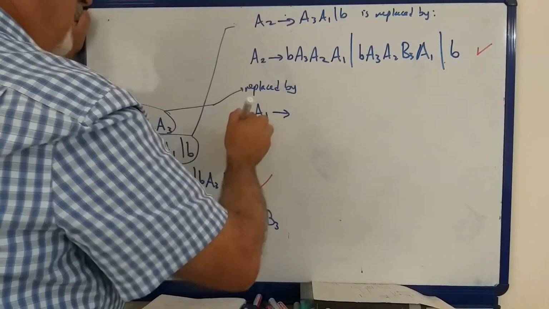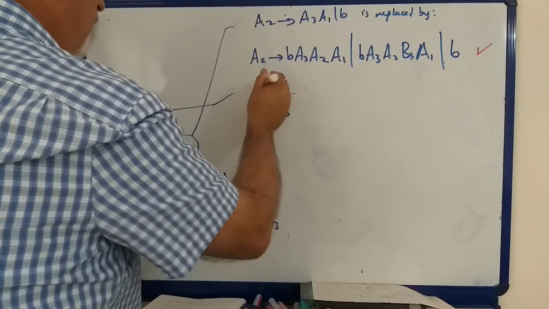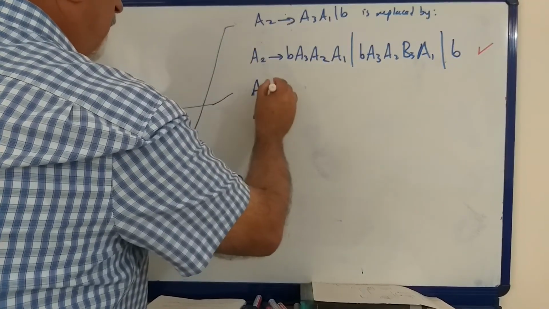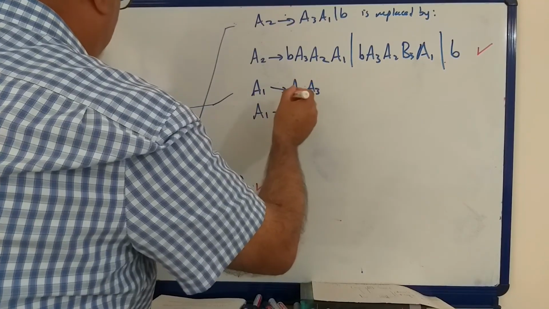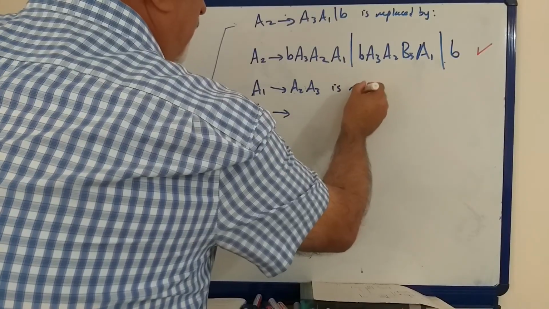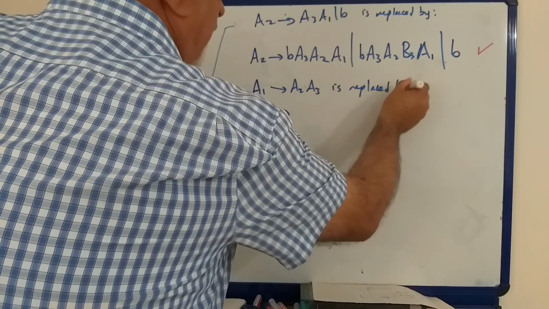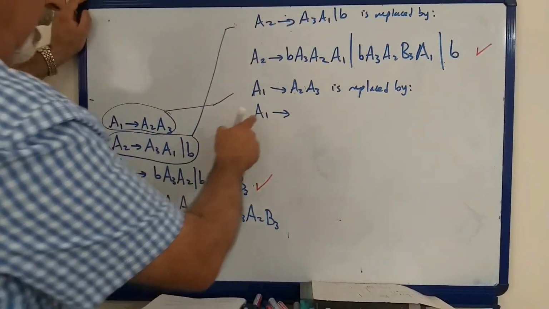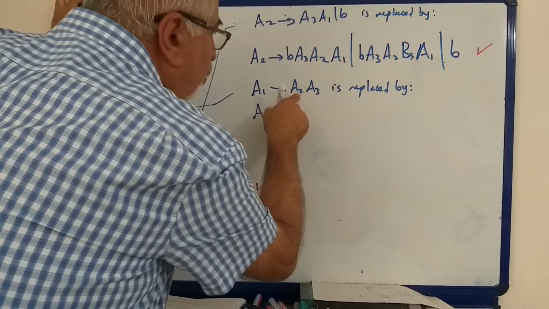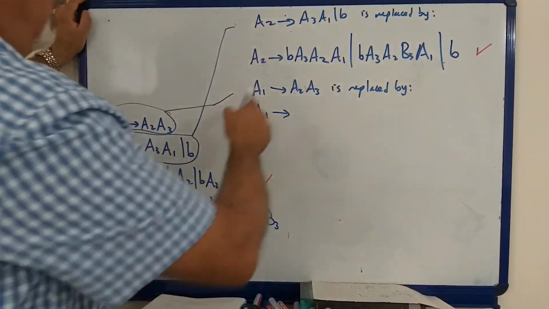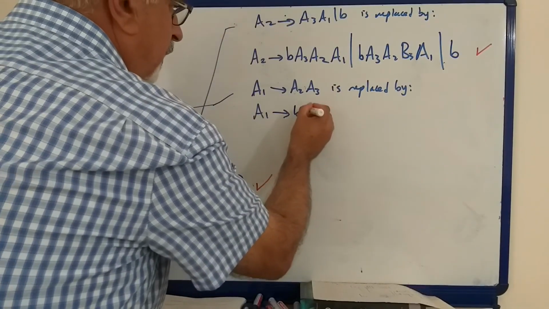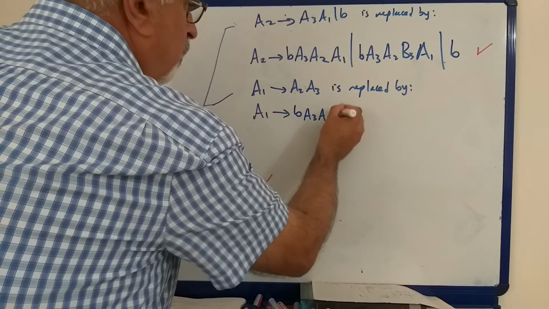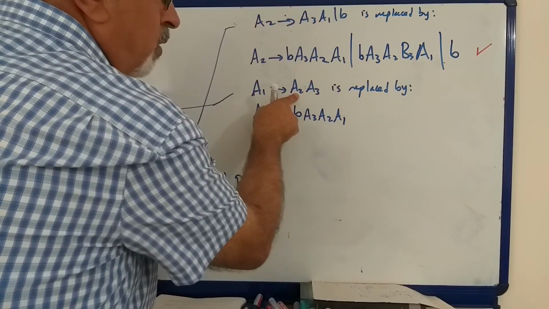And here, A1 gives A2, A3 is replaced by. Okay, A1. Now, instead of A2, what can I put? I can put this or this or this. So put it: B A3 A2 A1. This is instead of A2.